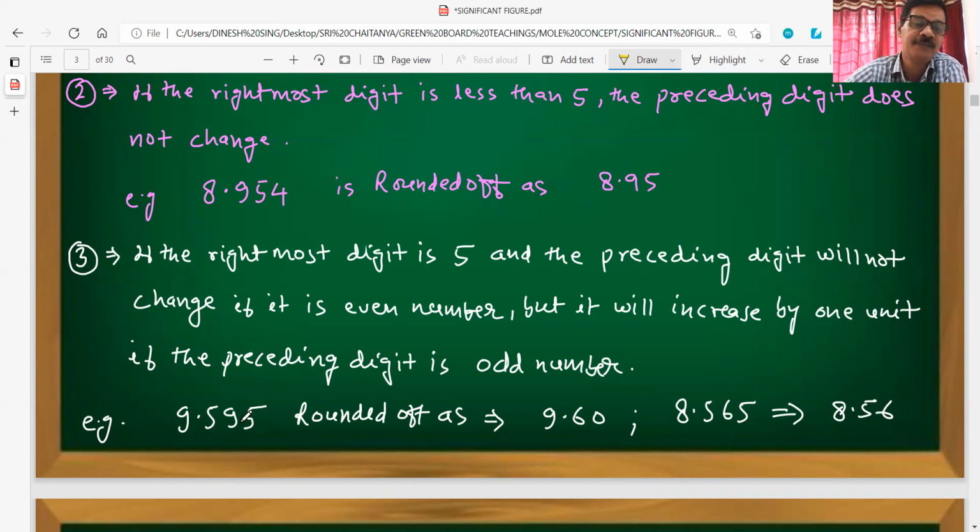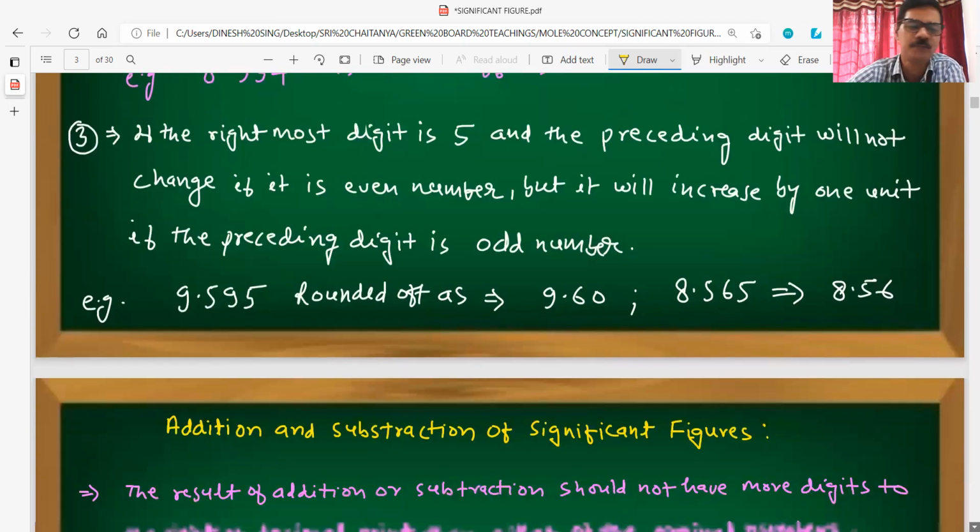If the preceding number is an odd number, then it will increase by 1 unit. So here we can see 9.595, which we have already discussed. So this whole thing will become 9.60. Here this will not change, so this is 8.56. So these are the 3 rules regarding the rounding of the last digit, or the rightmost digit.